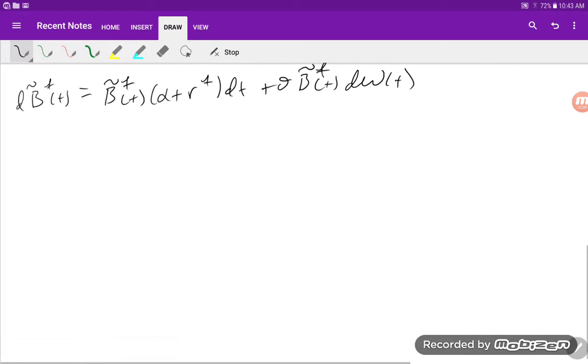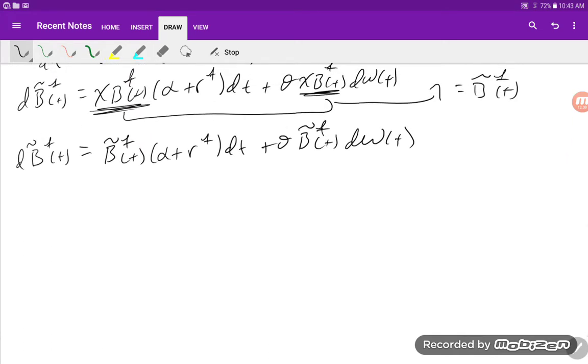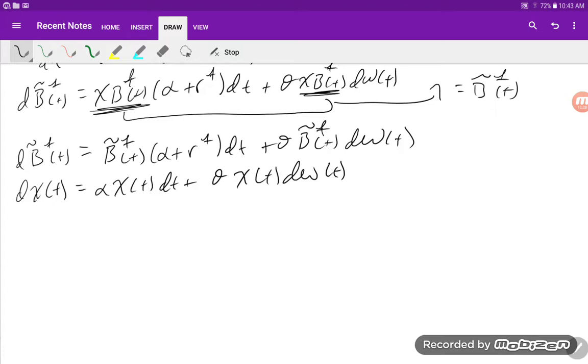So let me rewrite everything down here just to really make it succinct. So we have this is the foreign bank account, the differential of the foreign bank account in domestic currency. Remember, we also had the dynamics of the exchange rate under P as alpha x dt plus sigma x dwt. Then we had the raw foreign bank account, and then the raw domestic bank account.